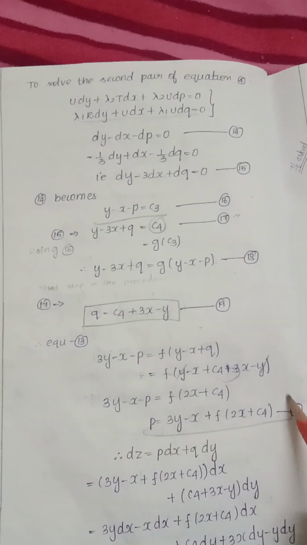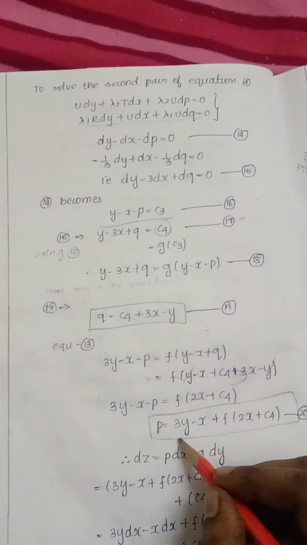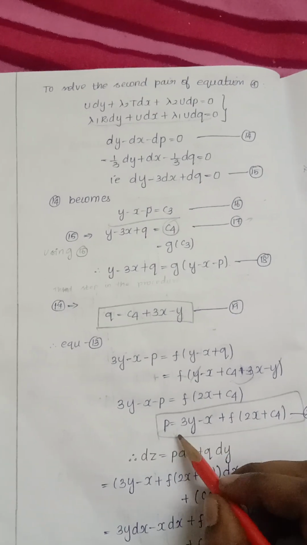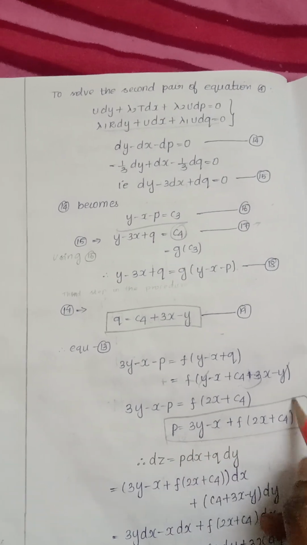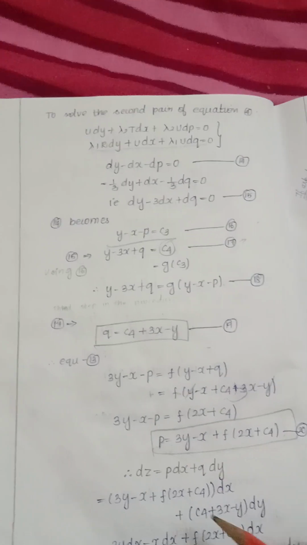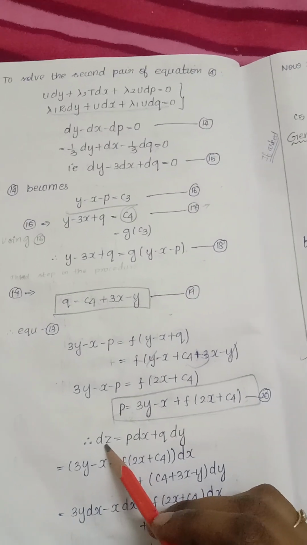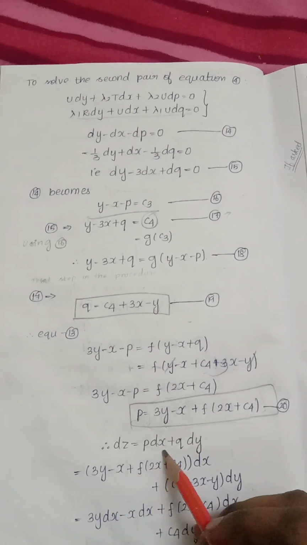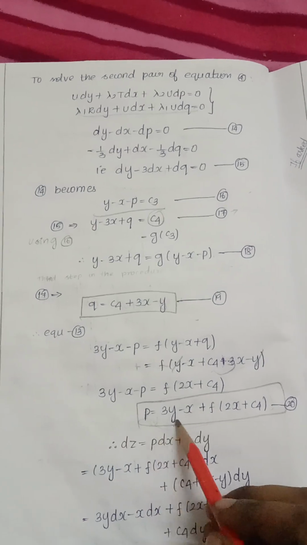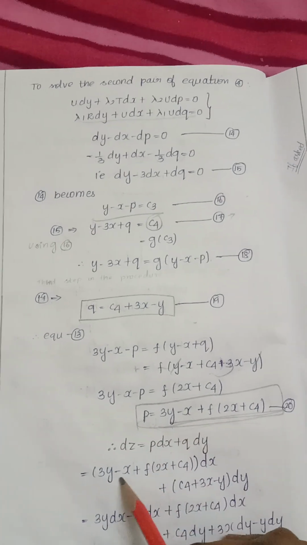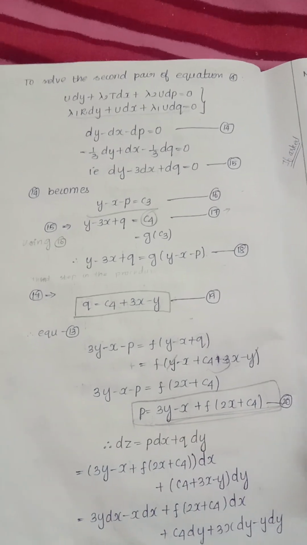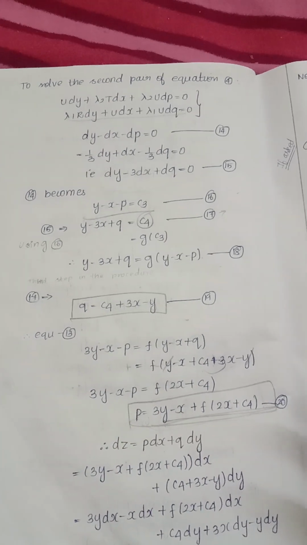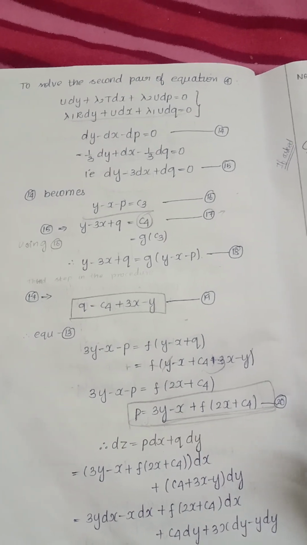This is in the form of p. So we have to find the next term, that is dz equal to p dx plus q dy, and the p value is nothing but this one. So it involves only a function that contains the constant terms and x and y terms.